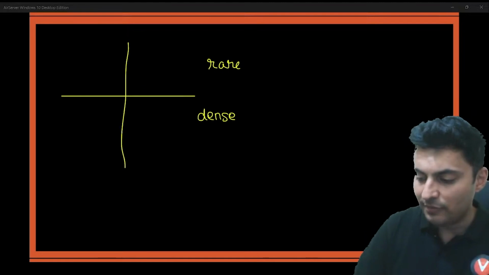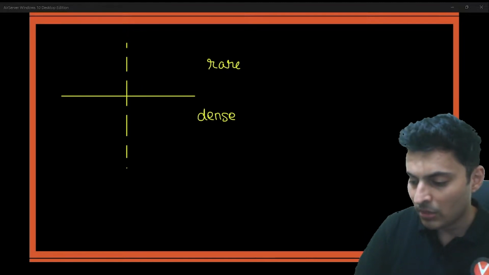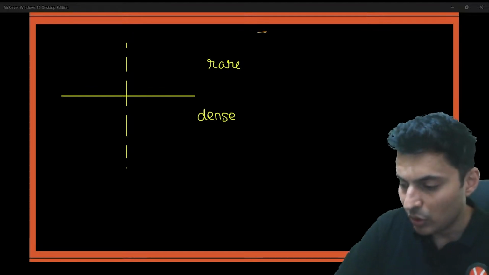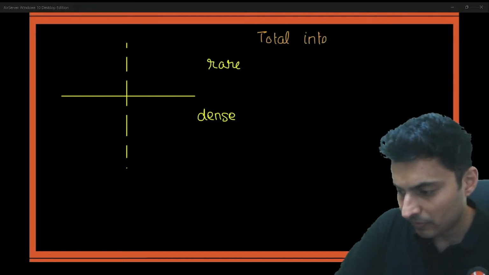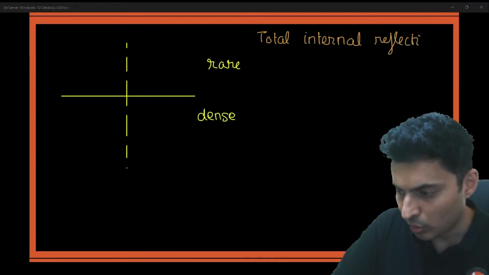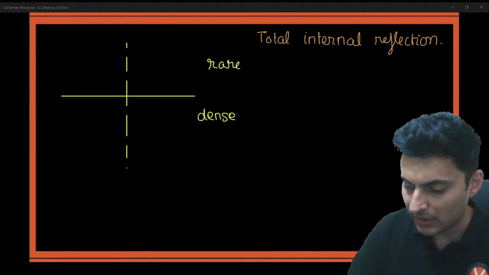This is also going to be very, very useful, especially in theory. And this is a common concept which is asked, and that is the concept of total internal reflection. You should definitely be able to draw this.